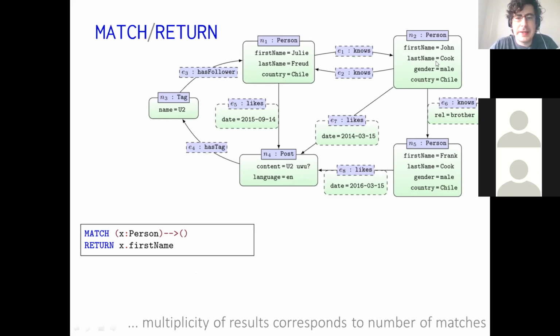For John, we would expect 1, 2, 3. John to appear 3 times. For Frank, 1. Okay, so we have Julie twice, John 3 times, and Frank once, as mentioned before. So the multiplicity of results corresponds to the number of matches that we find, as we see.